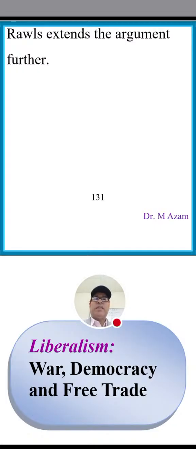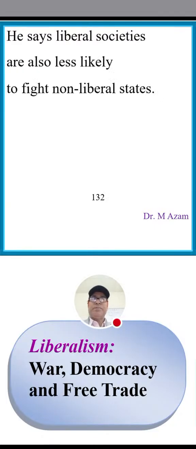John Rawls extends the argument further. He says liberal societies are also less likely to fight non-liberal states. So, John Rawls is a liberal philosopher, liberal thinker. Authoritarian states are more likely to start wars against non-liberal, non-democratic states.